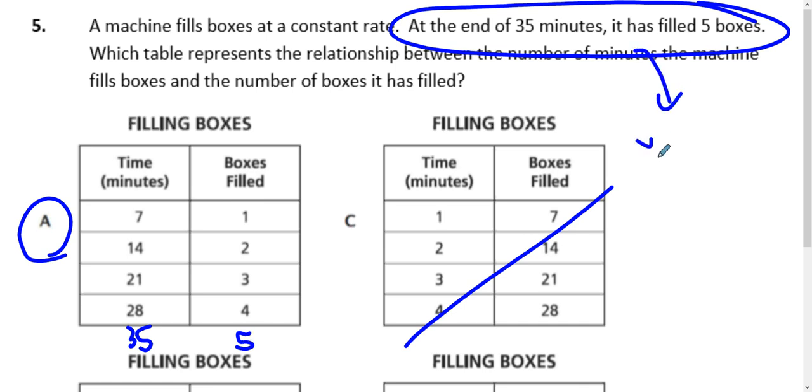So this is a unit rate of 7 minutes per box. And that refers to the slope of a line. If you were to plot all those points on a grid, their slope would either be 7 or 1/7, depending on where you put your minutes and your boxes.